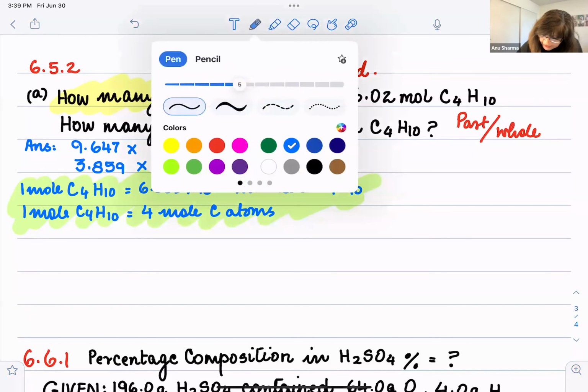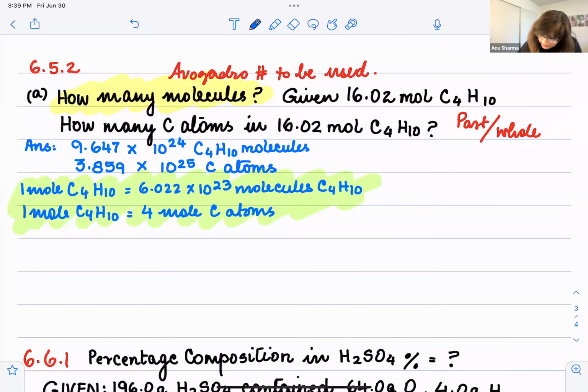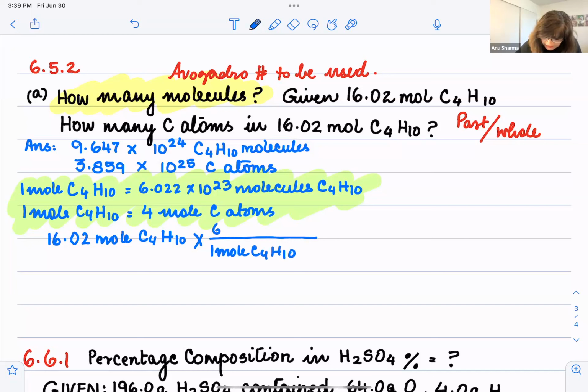So let's do one part here. You're given 16.02 moles of C4H10 times, because we need to find how many molecules there are, we know that in 1 mole of C4H10 there are 6.022 into 10 to the power 23 molecules of C4H10.